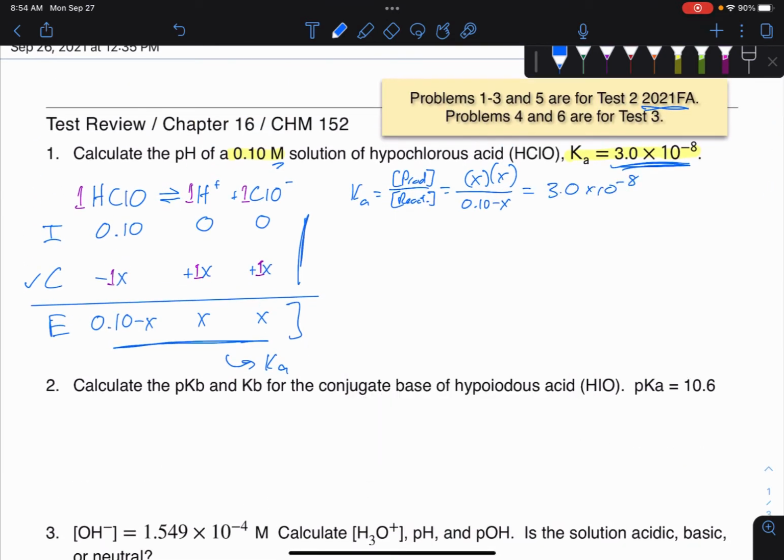And like we've seen in class before, if we evaluate this expression at this point and solve for X, it is a quadratic formula, and we don't want to do that. So your typical approach here, and I'll just point out a couple of things. One thing to note is that the Ka value is really small.